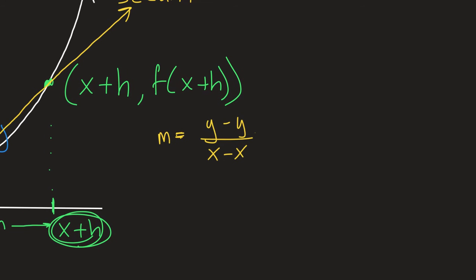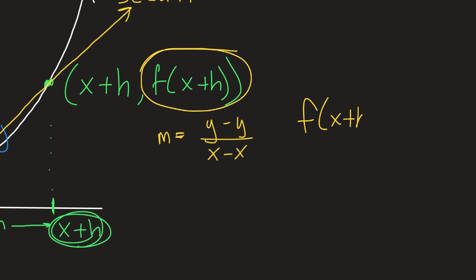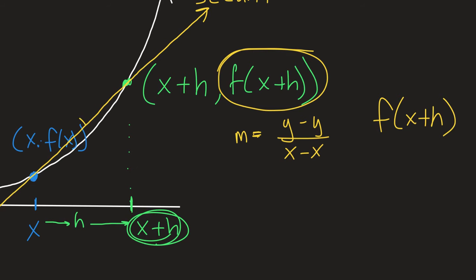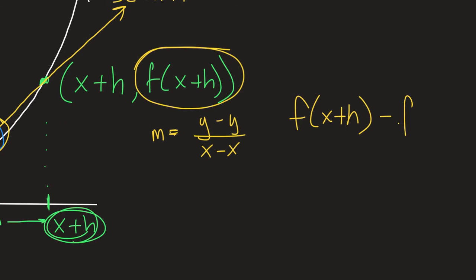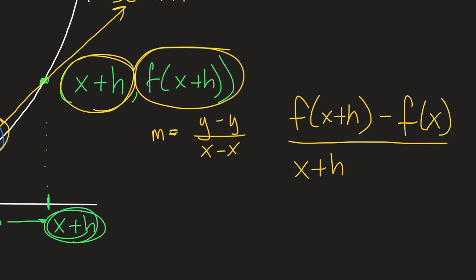Okay, so we take the y value from our green point, which is f of x plus h, and we subtract the y value from our blue point, which is just f of x. So y minus y over x minus x. So the x from our green point is x plus h, and your x from your original point is just x.